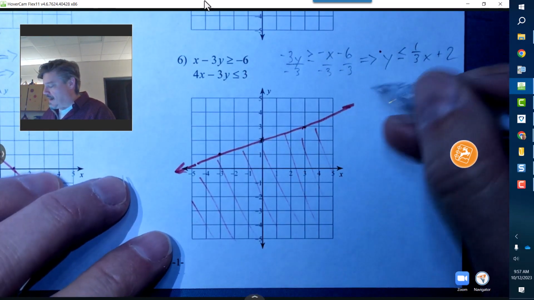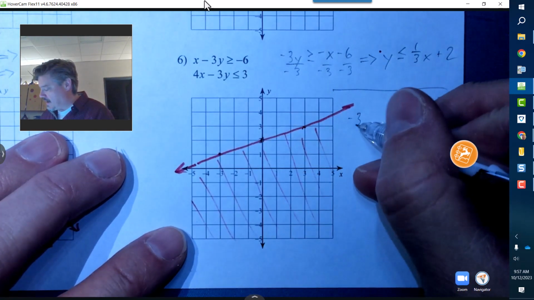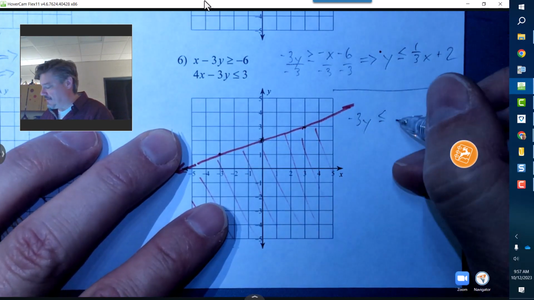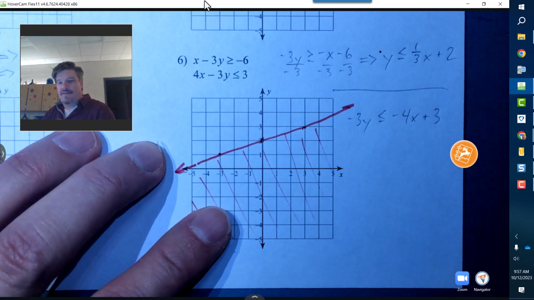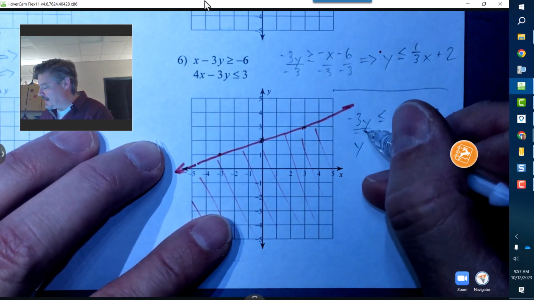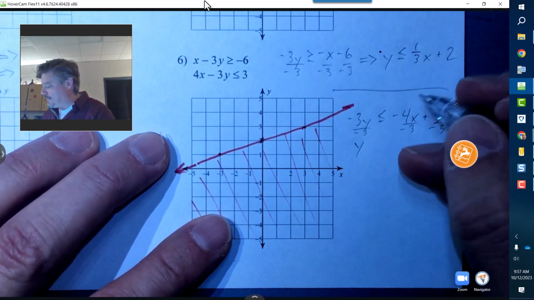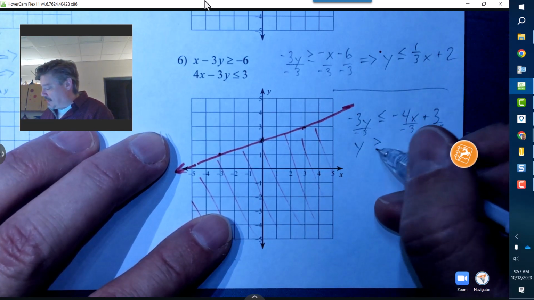Now let's see where the other line is. It looks like I'm going to need some space here, so I'm going to move this over to the right. You kind of do the same process every time. You're just getting your brain trained to have a nice steady flow. Notice that I'm going to be dividing by -3, all of them. We flip the sign the other direction.